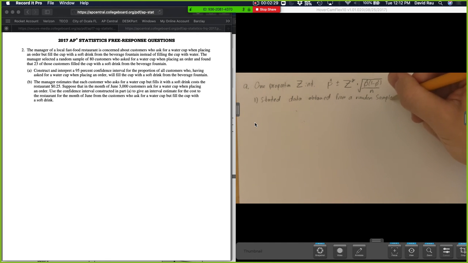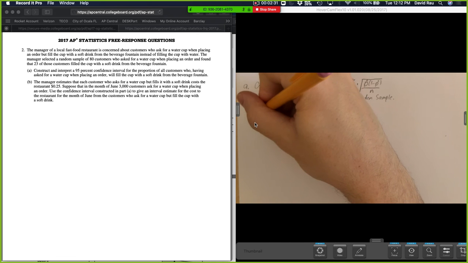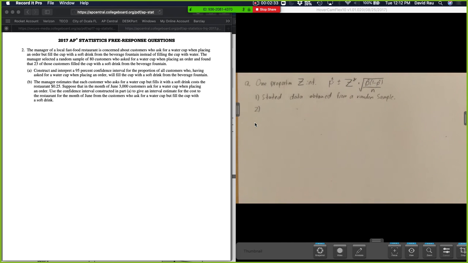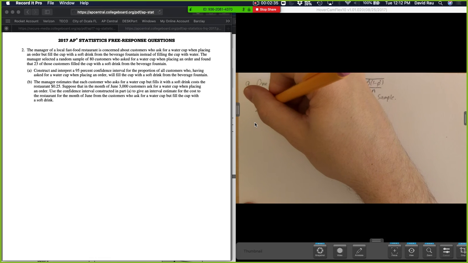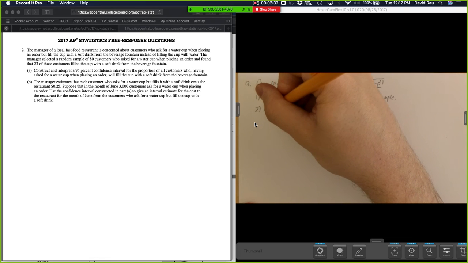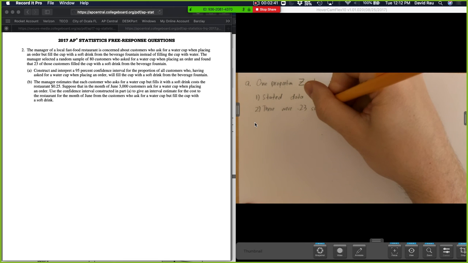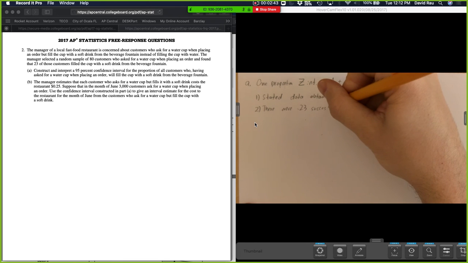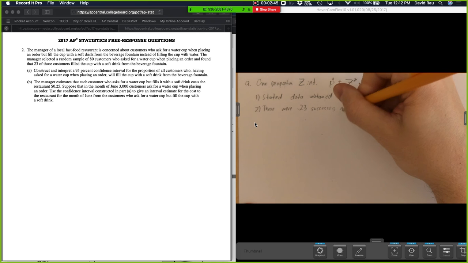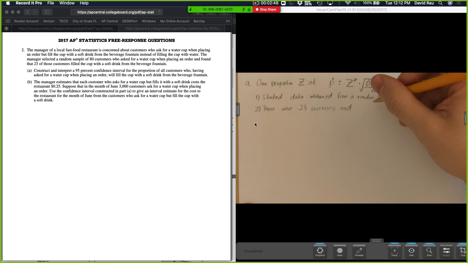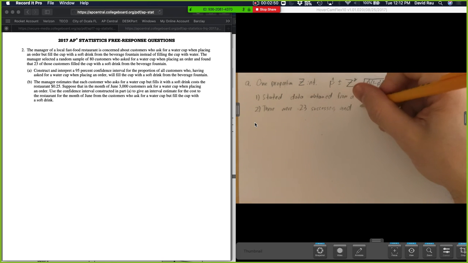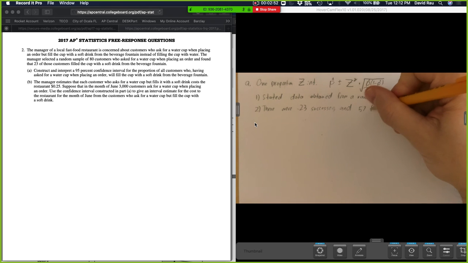That's a super important condition. And the second condition they care about is that there were 23 successes. And if we sampled 80 and there were 23 successes, that means there were 57 failures.